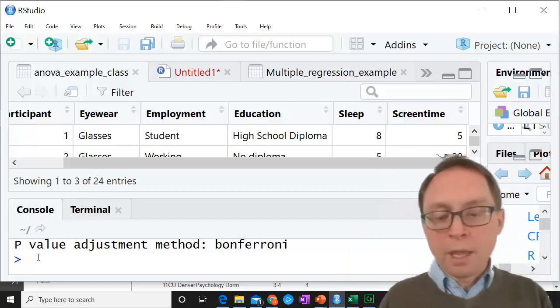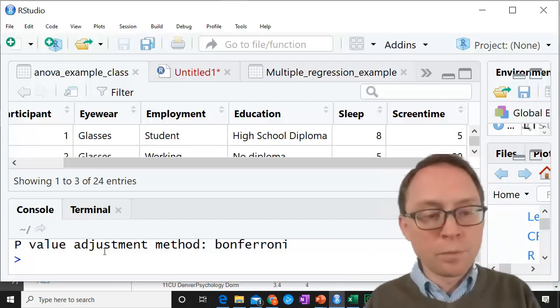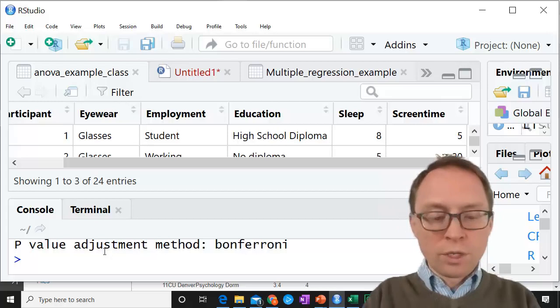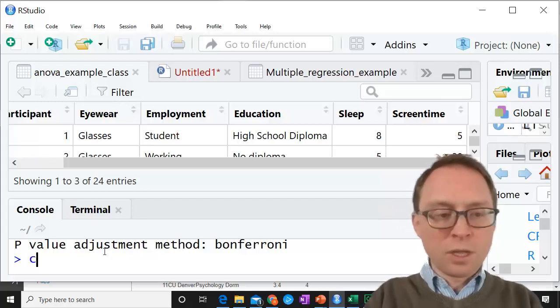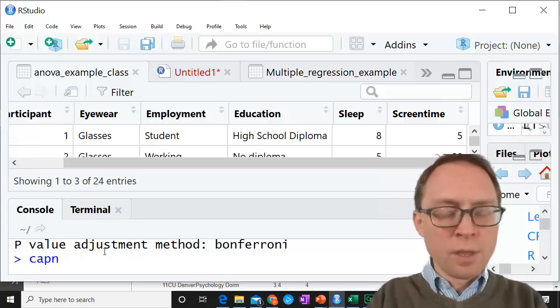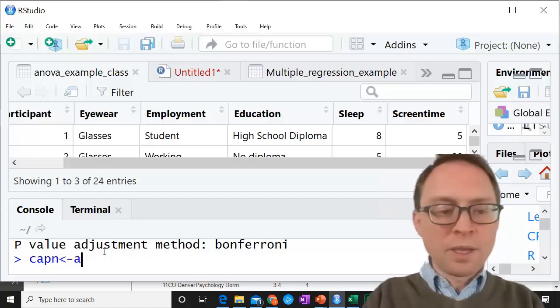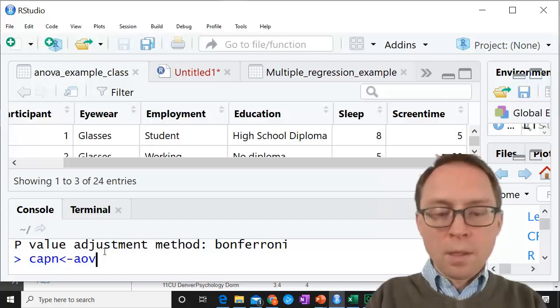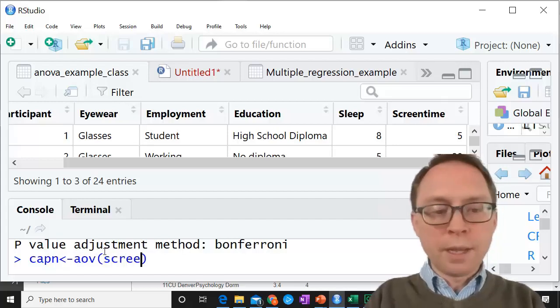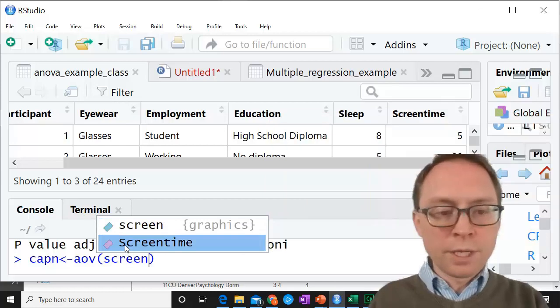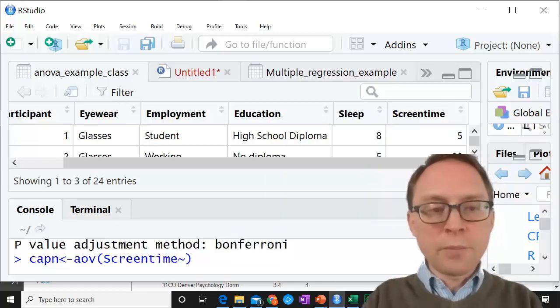Let's try it out. And we're doing serial this time. I'll just call it Cap'n for Cap'n Crunch. Cap'n is my model, and it is going to be an analysis of variance of screen time separated by eyewear.